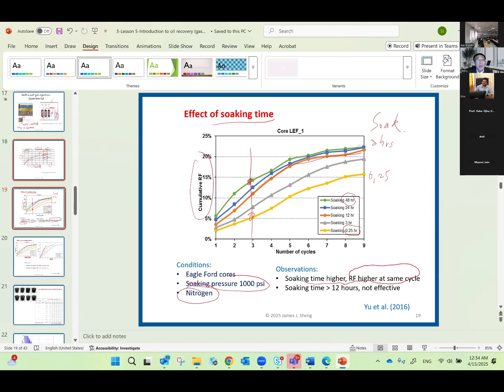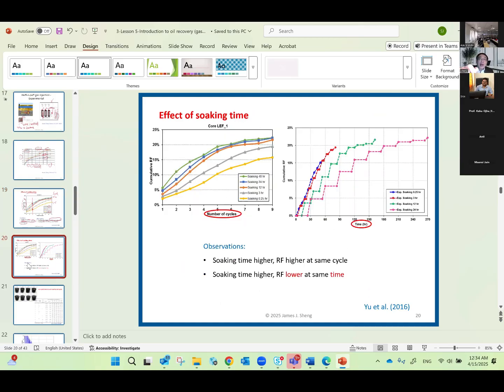So from this picture, it looks like 12 is best, right? Okay, that is a plot we can observe.